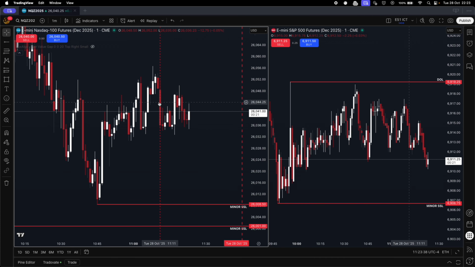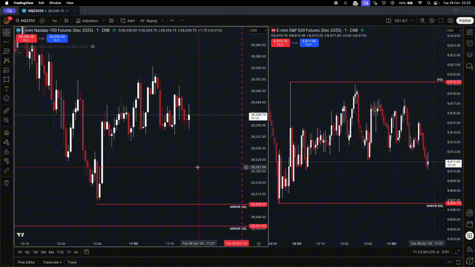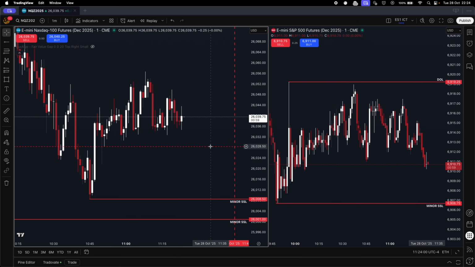Yes, it will take out short-term lows, but not then trade back and take out a more extended low like this. So hopefully that thought process of that trade made sense.